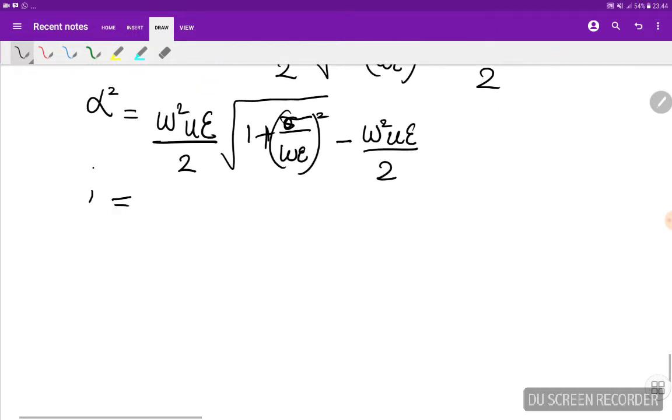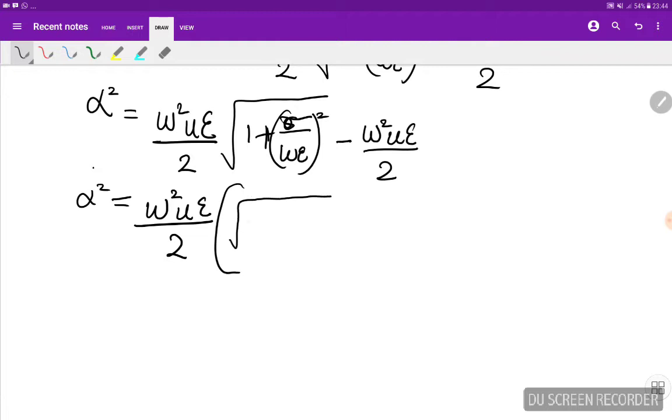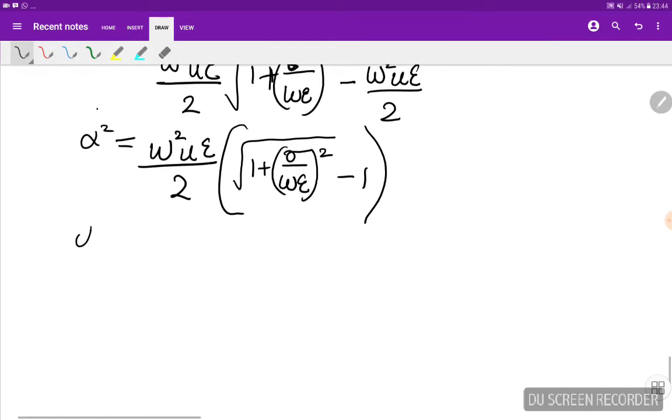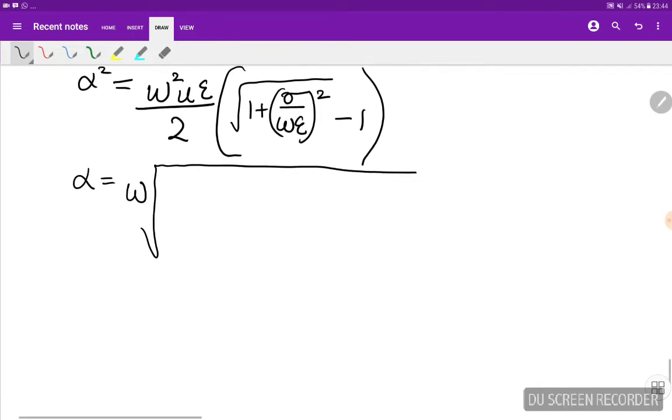If you factorize it, it's going to be ω² με over 2 all in the bracket, square root of 1 plus conductivity over ωε squared minus 1. Now if I find the overall square root, I'll get the same answer as β, just that I have a minus 1 instead of plus 1. That's the only noticeable difference between both of them.